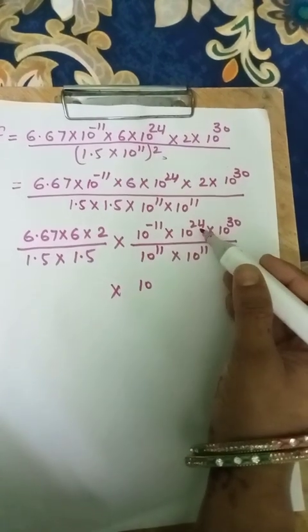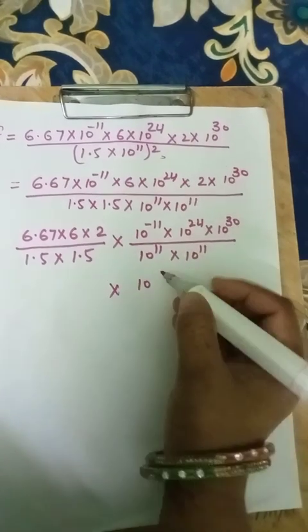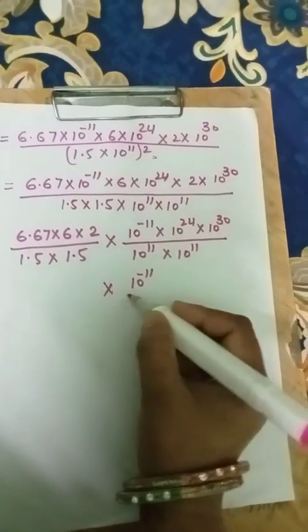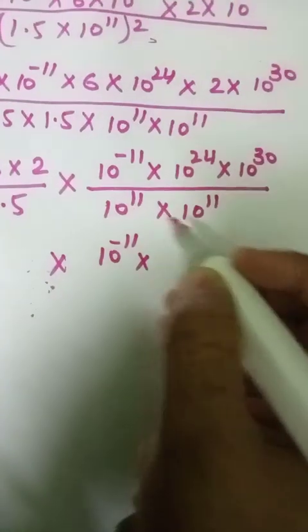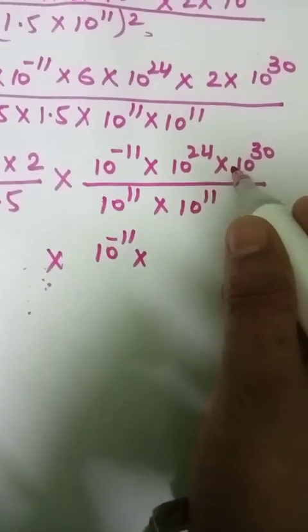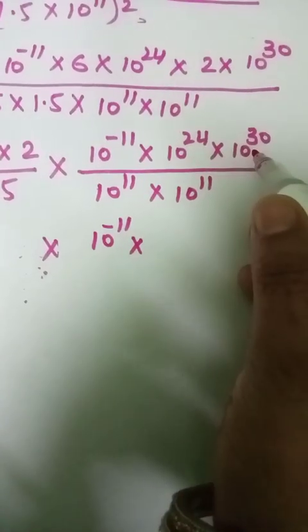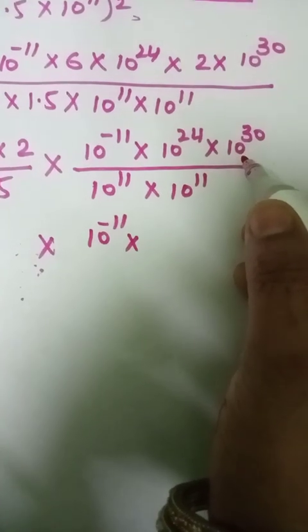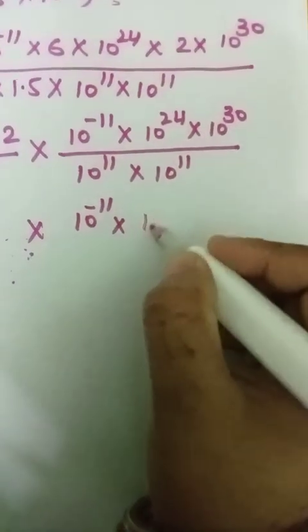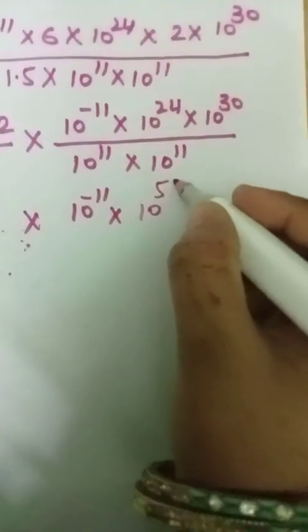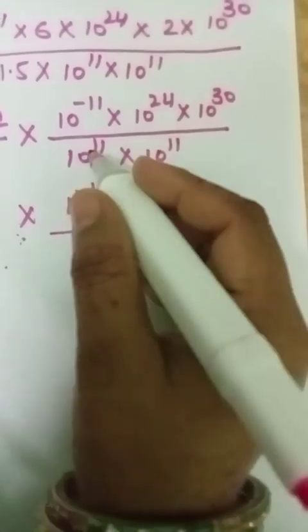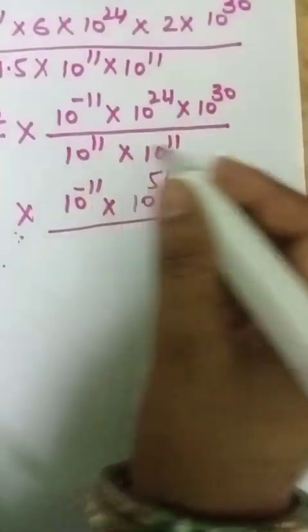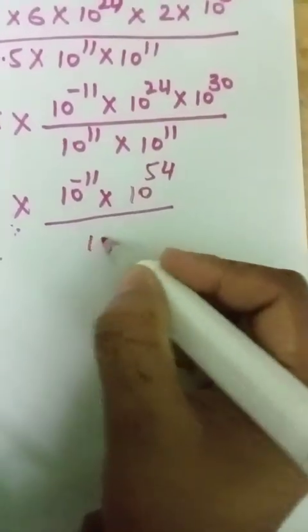So after adding 24 and 30 we are getting 10 raised to power 54, and over here we need to add these values. Okay, the powers we need to add in multiply. So we are getting 22.